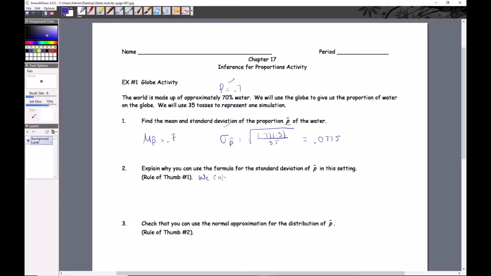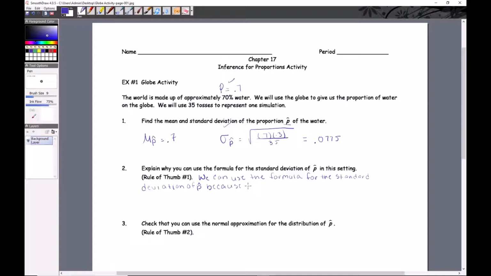We can use the formula for the standard deviation of p hat because, well, we tossed the ball 35 times, which set an upper limit on it, but if you think about what the upper limit might be, which would then be the entire population of tosses, well, there isn't one.